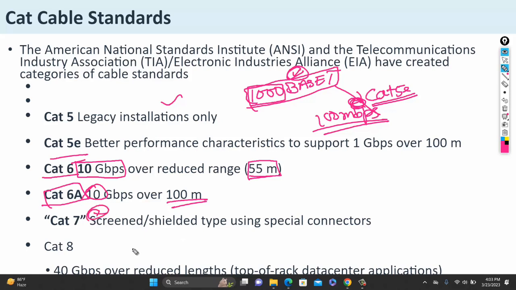It is screened and shielded and has different types of connectors. That is the reason CAT 7 is not used. But CAT 5, CAT 5E, CAT 6 and CAT 6A use the RJ45. So what is the RJ45? And CAT 8 is mostly used in data centers because it can handle 40 Gbps speed.